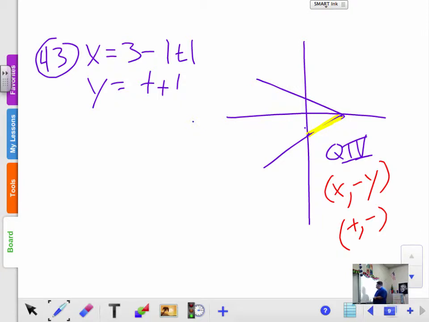So for the positive x value, what we're interested in is 3 minus the absolute value of t being greater than 0. Okay?